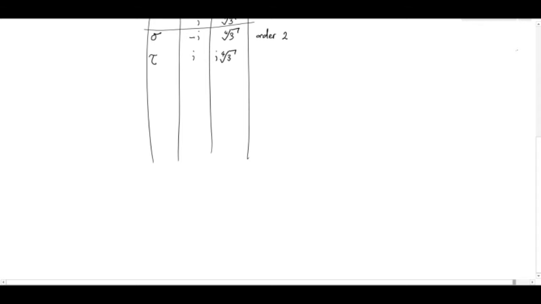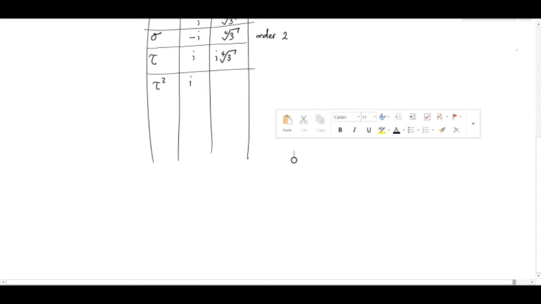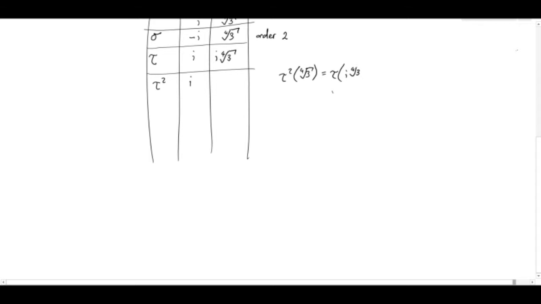Well, to establish this, let us work out what tau squared would be. Tau squared takes i, maps it to i, and then maps it to i again. It takes the fourth root of 3, maps it to i times the fourth root of 3, and then if tau is applied again, it maps i to i and the fourth root of 3 to i times the fourth root of 3.